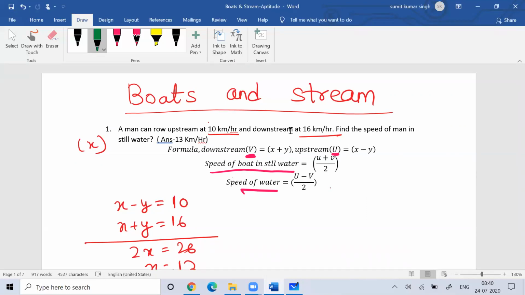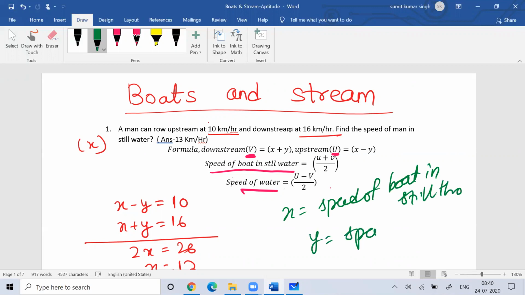If you are trying to move against the water in upstream, then your speed should be more than the water speed. Normally for equation purposes, I assume x as the speed of boat in still water, and I assume y as the speed of water.